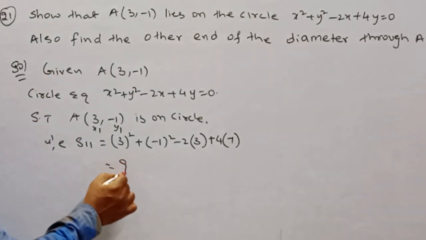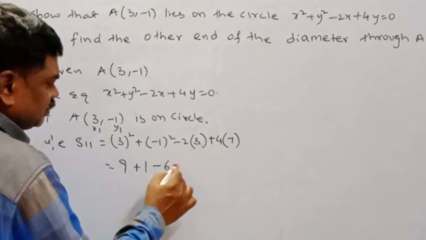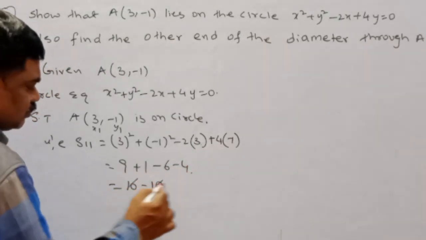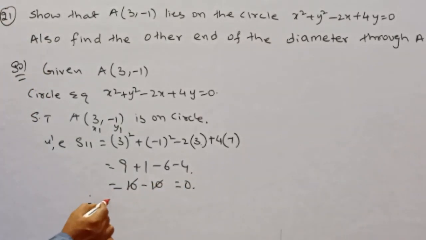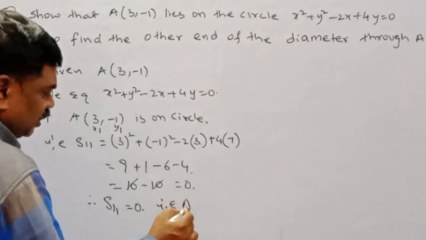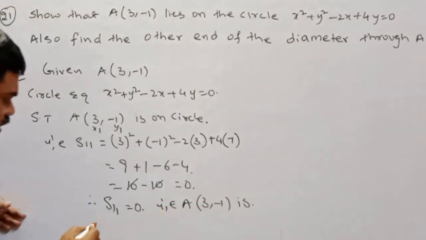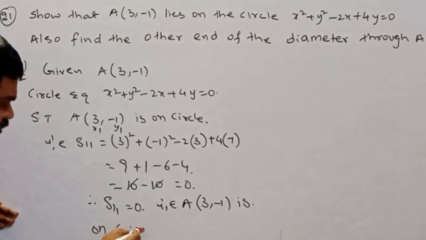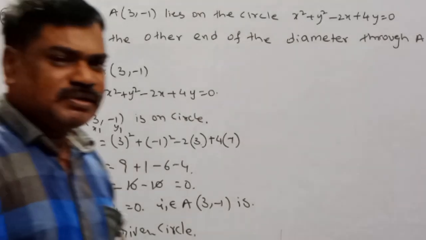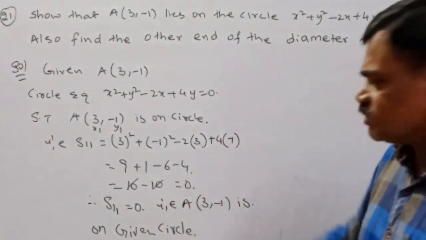So this is equal to 9 plus 1 minus 6 minus 4, which is 10 minus 10 equal to 0. Therefore S11 equal to 0, that is, A(3, minus 1) is on the given circle.